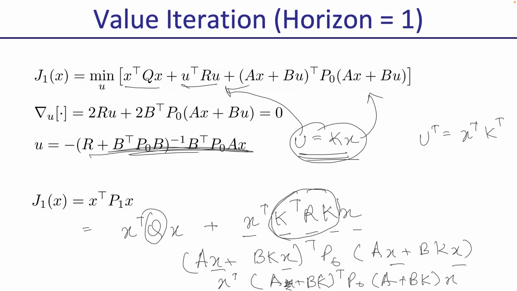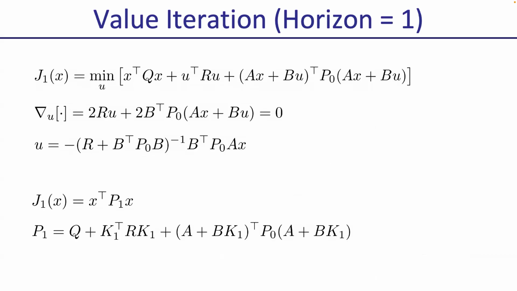So we'll put them all together, but you have to remember how this goes. Just substitute in u is equal to kx. You'll show that the whole thing is quadratic. First term is already quadratic in x. Second term, if u is linear in x, then the second term is also quadratic in x. And if u is linear, then the third term is also quadratic. A full sum of three quadratics is also quadratic.